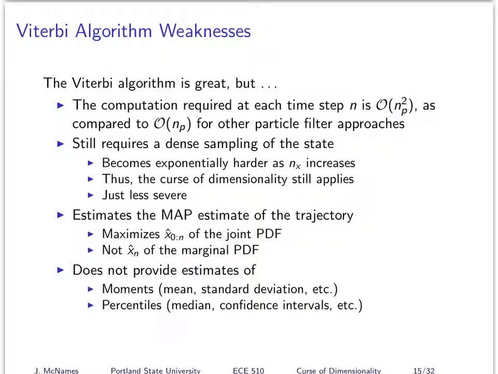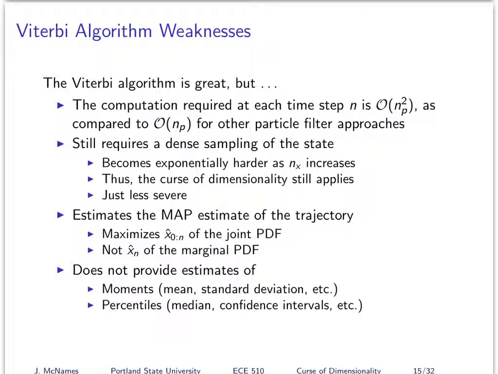So, consider, and I'm sorry, I think I've already made these points. Computation, we still have to do dense sampling of the state. And we've also talked about, as much as I like this, it's giving us the most probable trajectory. It's not giving us the most probable state at the current time. Those can be different. This is giving us an entire trajectory. It does smoothing for free, which is nice.